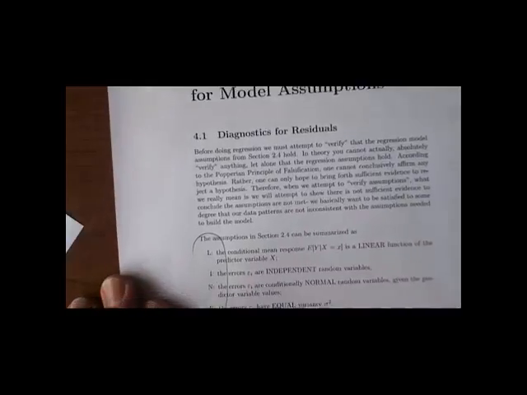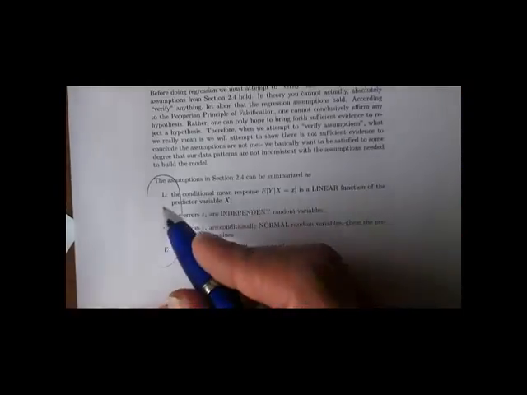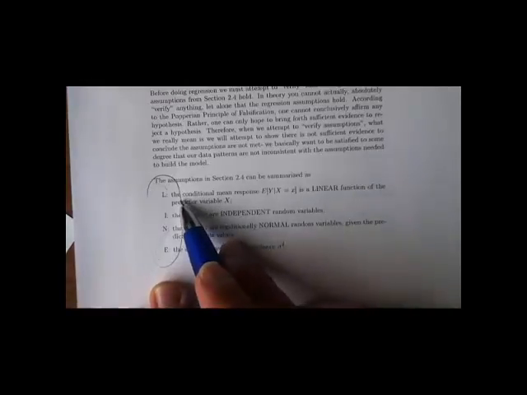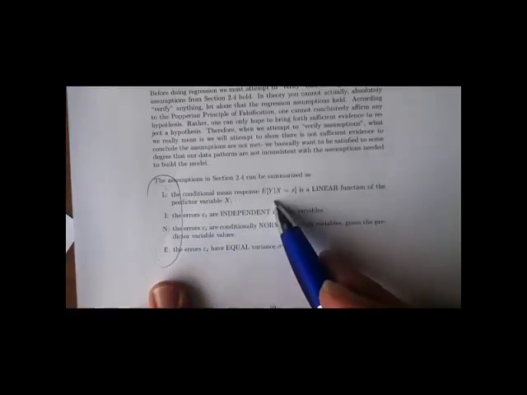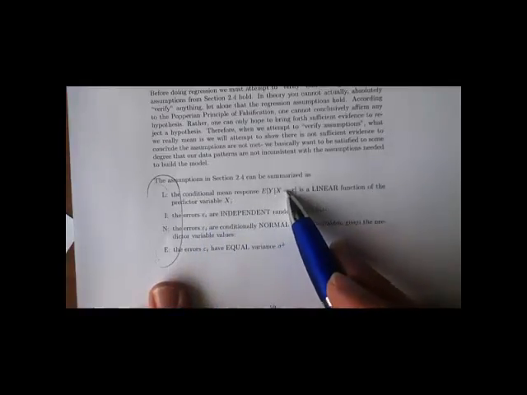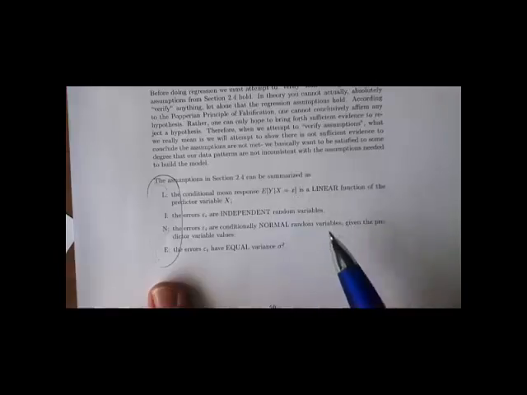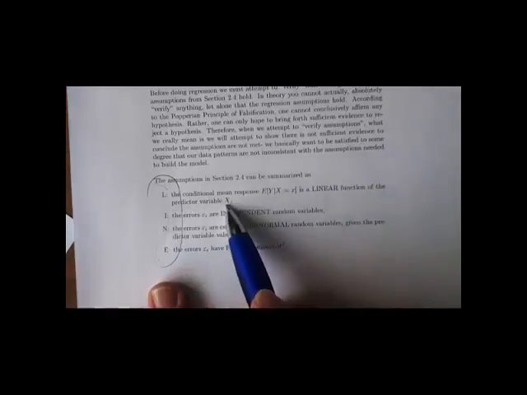So the assumptions in section 2.4 of your notes there can be summarized like this. I stole this acronym from someplace online, by the way. This is not my idea, but it's pretty great. LINE. L for the conditional mean response, the expected value of the response given some x variable value, is a linear function of the predictor variable.